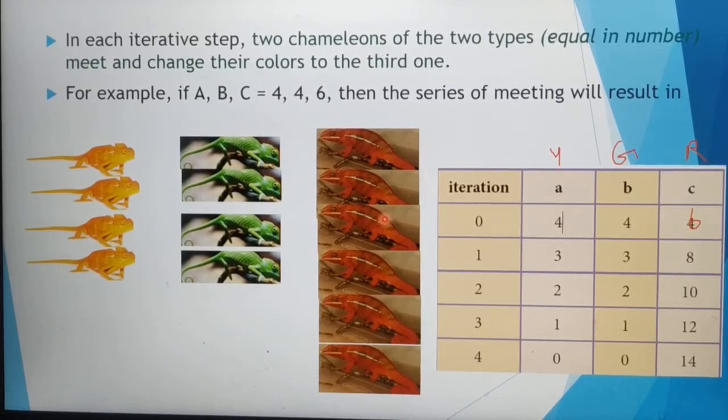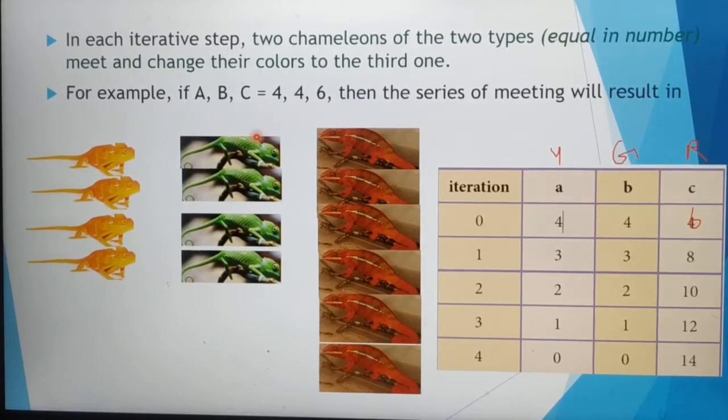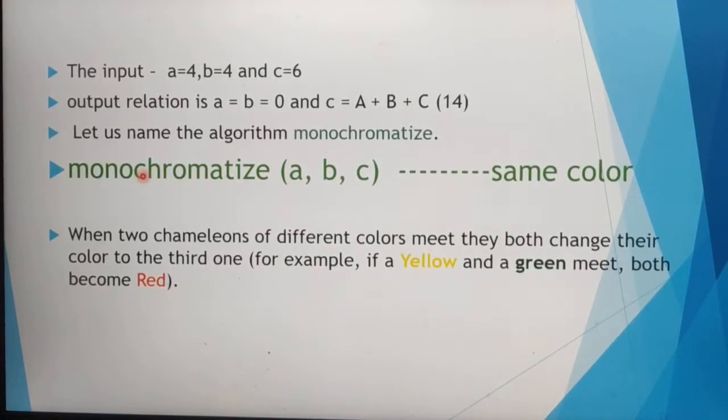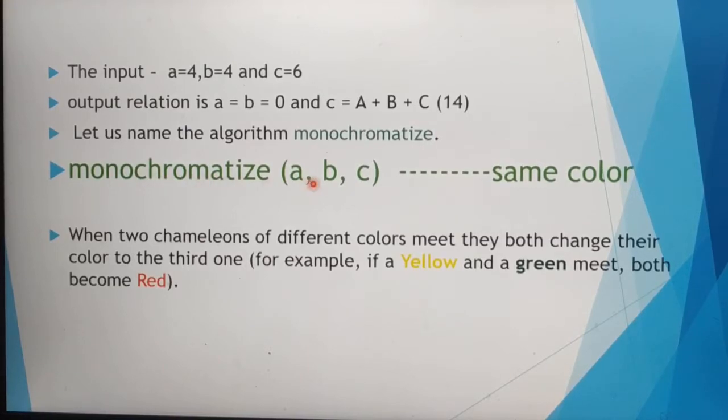When two chameleons of two different colors meet, they can change their colors into the third type, which is called the monochromatized problem. Monochromatized means making all the chameleons the same color.